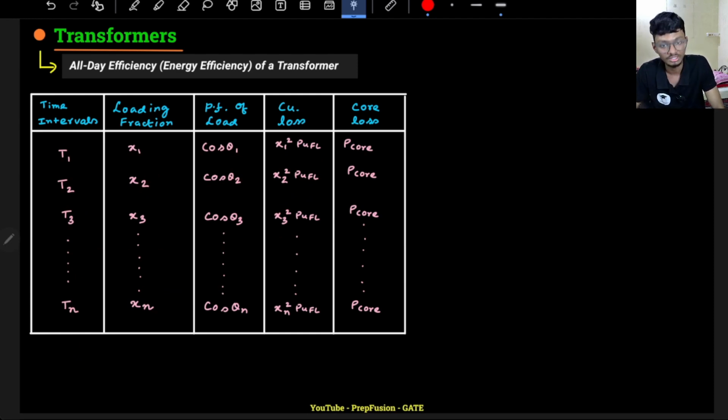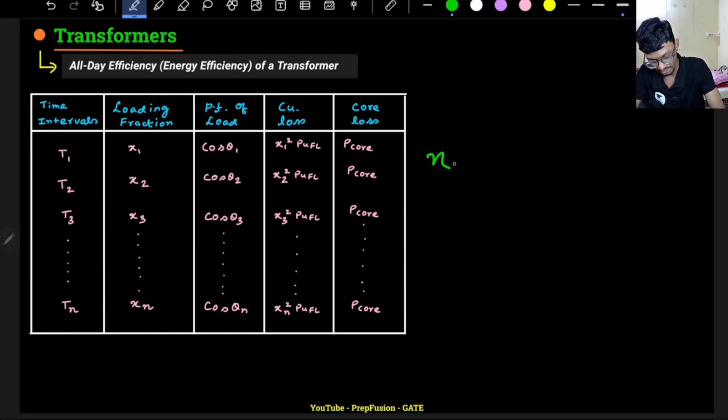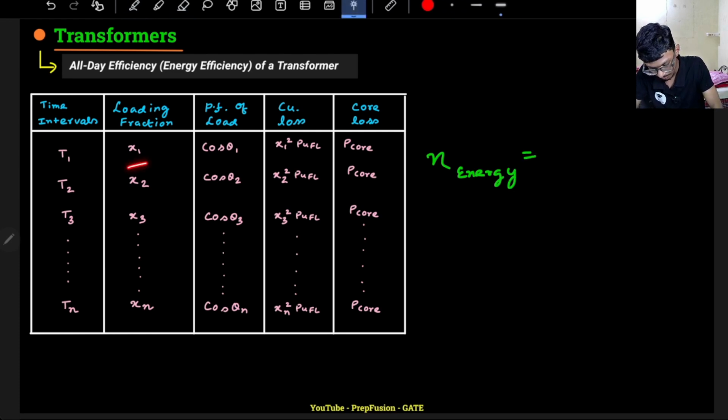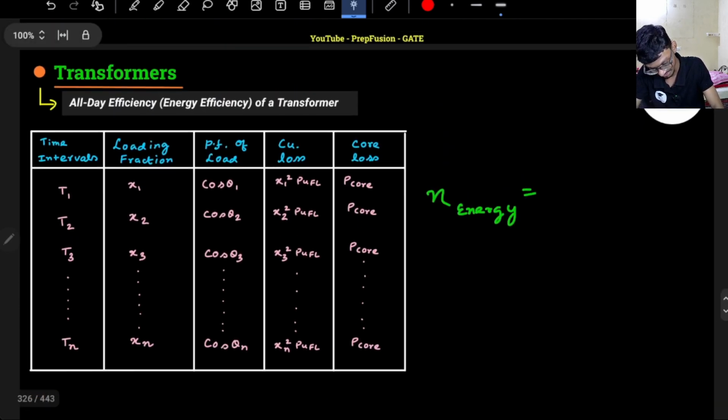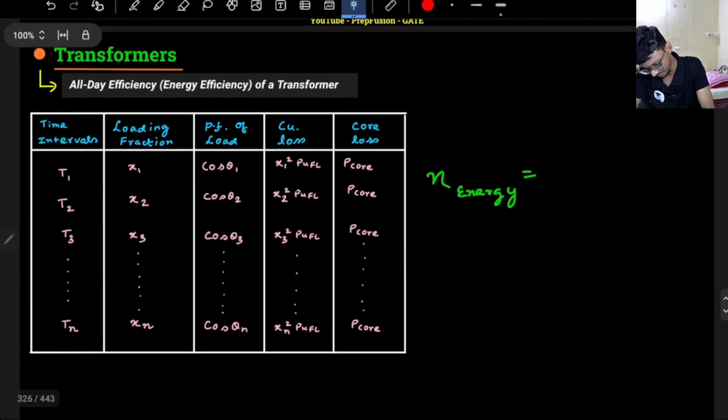So how do I find the efficiency? Energy efficiency, or all day efficiency, is the energy consumed throughout the day. I can write the expression. I will run out of space, so I need to add a page.